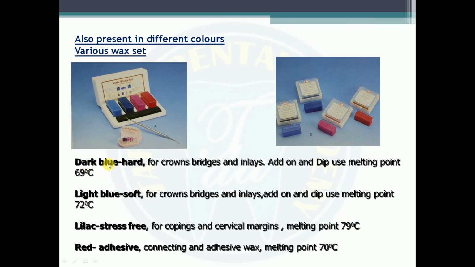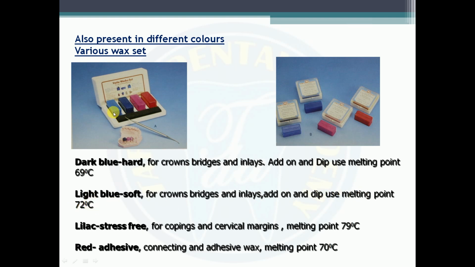The blue, dark blue or the hard wax is used for the crown and bridges and inlays, add-on and dip use, melting point is 69 degrees Celsius. Light blue, it is soft wax. It is used for crown and bridge and inlays, and its melting point is 72 degrees Celsius.